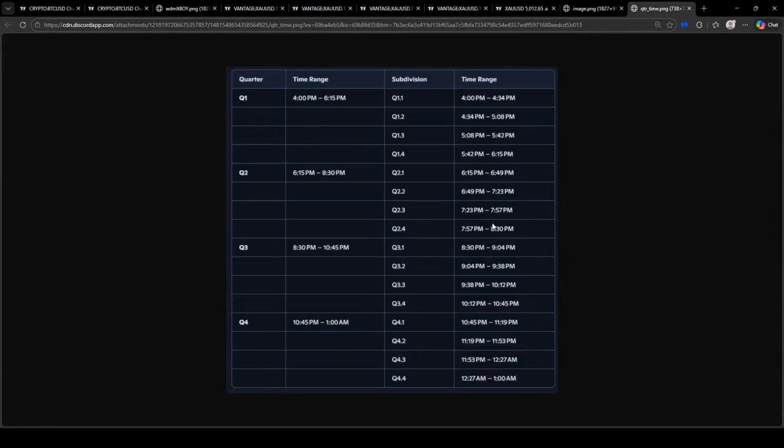That's exactly the reason why we have the following table to summarize the best time windows in finding an entry.